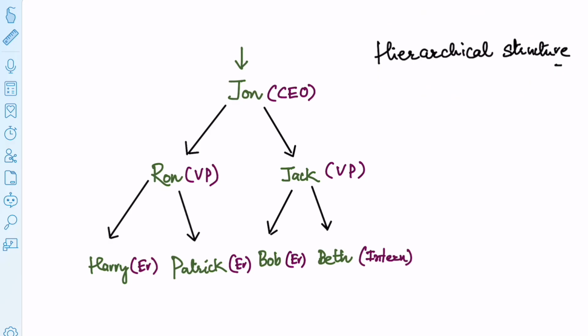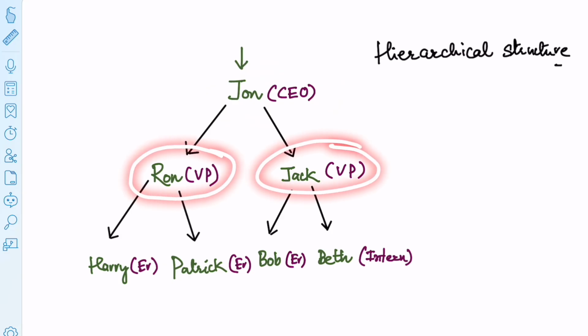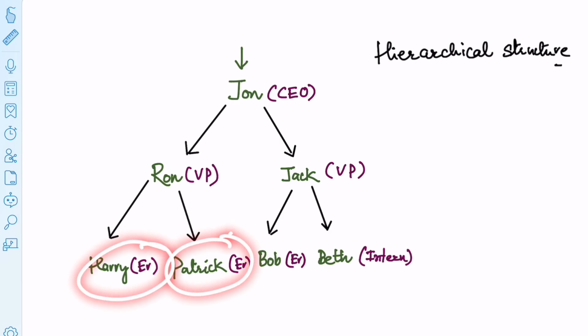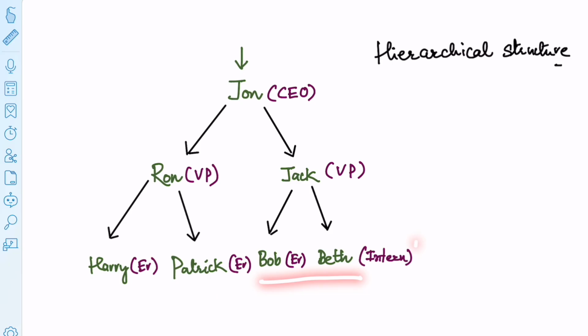For example, here we have a fictional company where John is the CEO. John has two direct reportees, Ron as well as Jack. Both of those are VPs and are direct reportees to John. In turn, Ron has Harry and Patrick reporting to him. Similarly, for Jack, we have Bob and Beth reporting to him.